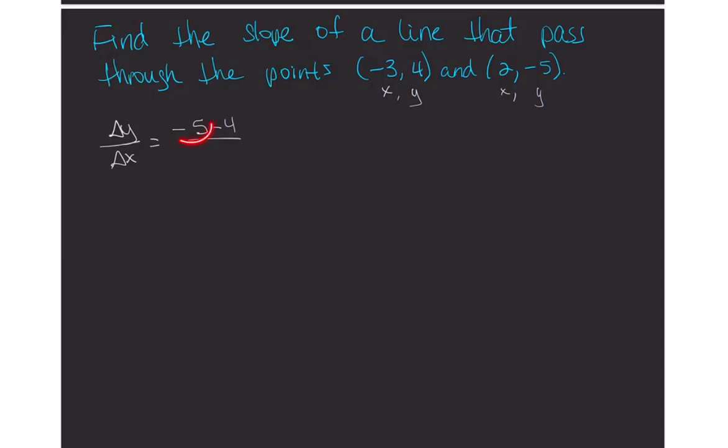And then since I started with my second point, when it comes to my x, I just have to start with that same point. So I'd have 2 minus -3. What are we going to get? -9 over 5?